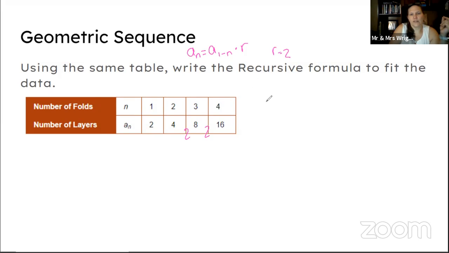So in order to write this formula, we're going to write a sub n is a sub n minus 1 times 2. And then we also have to include in the formula at least one of these terms. And usually you include the first one. A1 is 2. And that is our recursive formula.